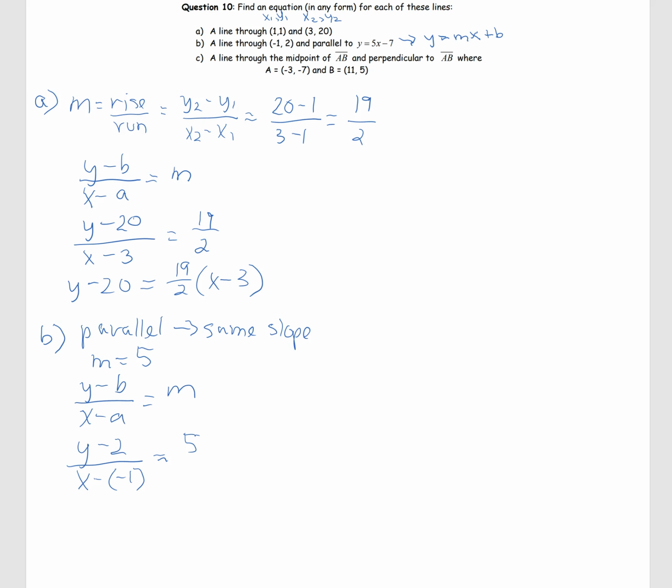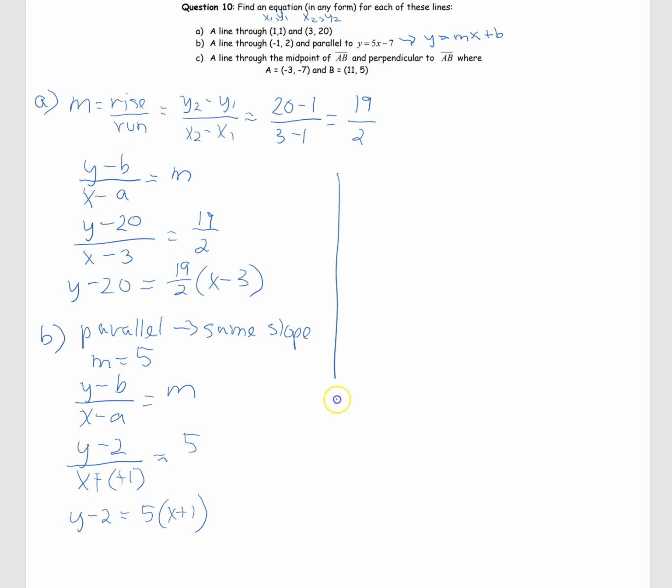We can again rearrange this a little bit. This is going to be x plus 1 on the bottom, and I'm going to multiply x plus 1 over to the other side of the equation. So I get y minus 2 equals 5 times (x plus 1). And so that's the equation of the line in part B.